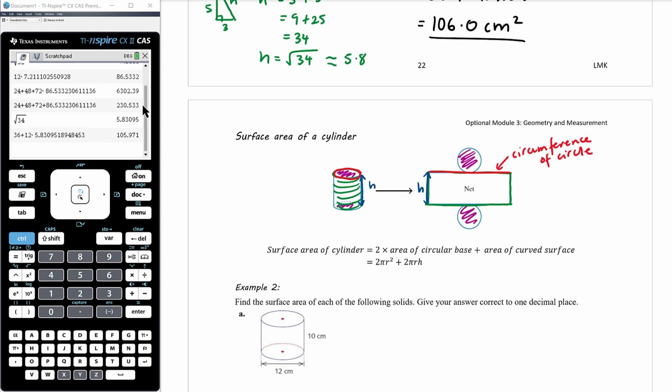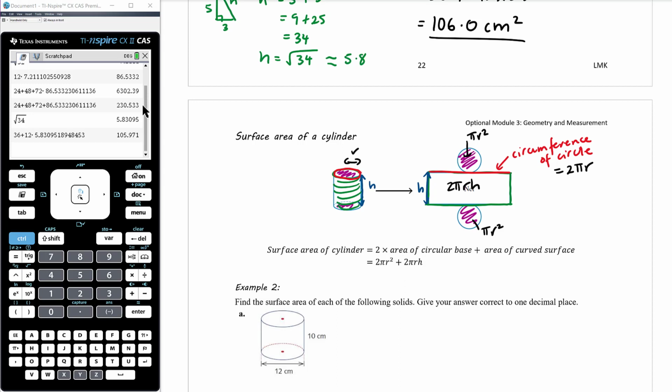So if the cylinder has a height of h and a radius of r, then the area of this is pi r squared, area of this is pi r squared. The circumference of the circle is 2 pi r, and so therefore the area of this is 2 pi r, which is that red length, times by the height. Okay, and so the surface area of the cylinder is our two circles, 2 lots of pi r squared, plus the rectangle, 2 pi rh.